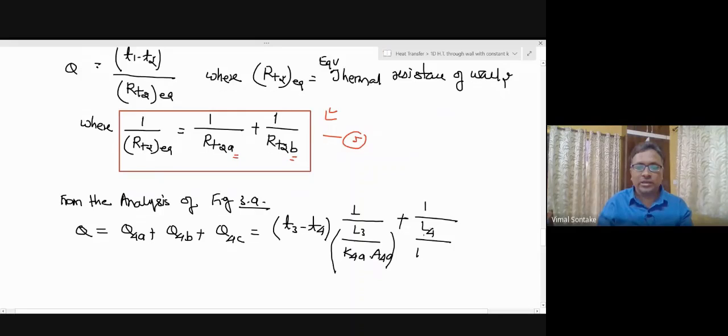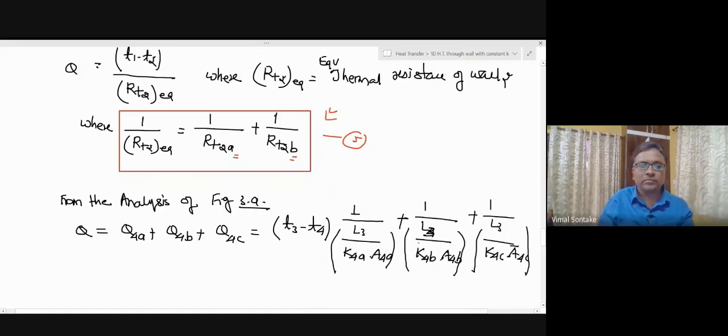1 over L3. Thickness of all the materials are same in the direction of heat flow. A4B. This is the thermal resistance offered by wall B plus 1 over L3 over K4C into A4C. And this entire term is multiplied by T3 minus T4.